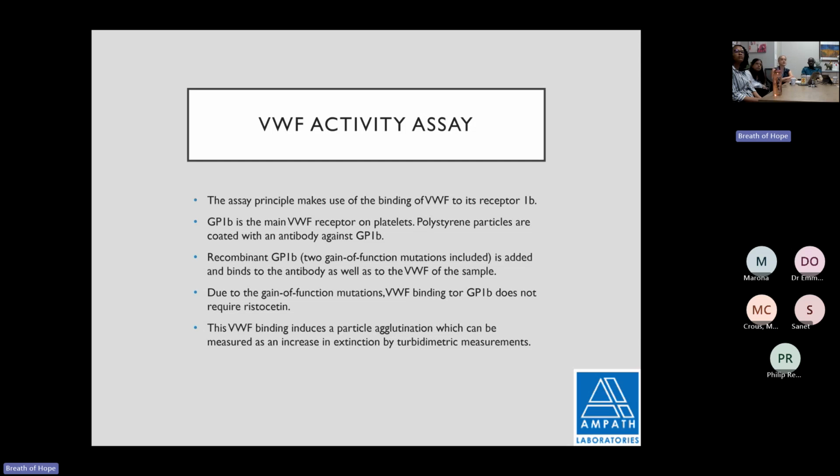And because it's got a gain of function mutation, we do not need to add ristocetin. Previously, they would use ristocetin to activate these platelets to bind, but we don't use it because it could cause variability in the lab results. And then we just measure the binding to see the function of the von Willebrand factor.